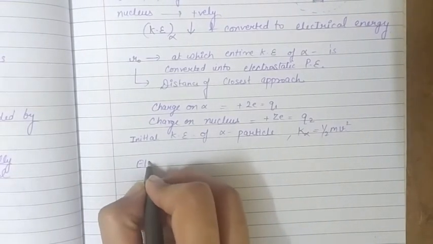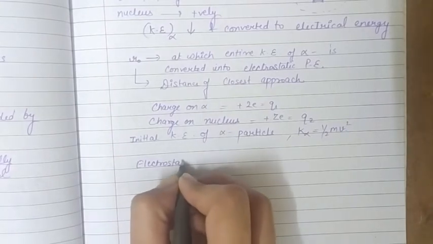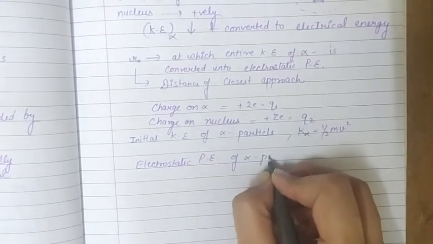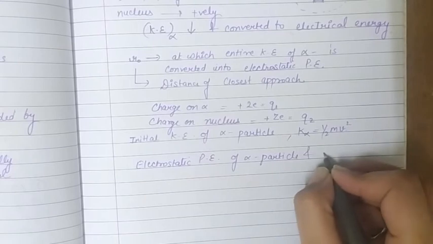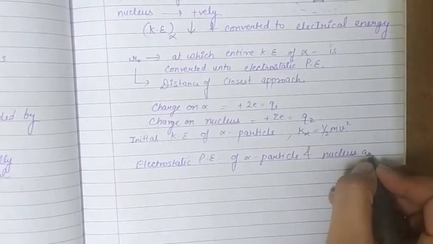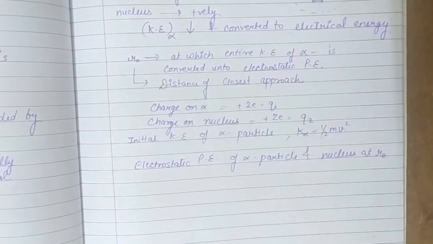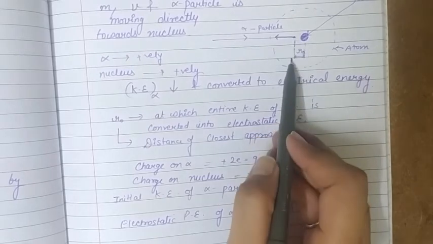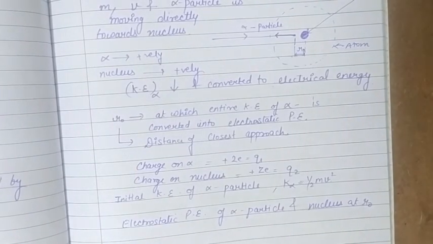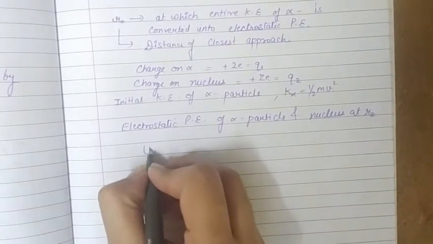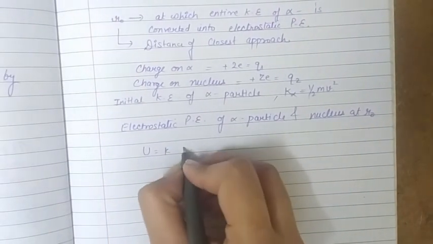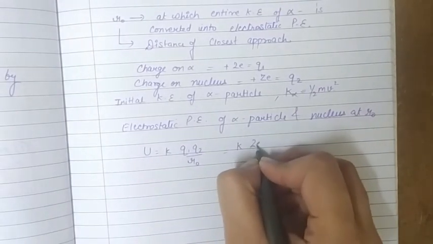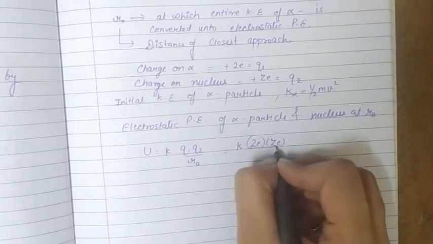And the electrostatic potential energy of the alpha particle and nucleus at r naught, the point where the whole kinetic energy is converted into electrostatic potential energy, will be U equals k q1 q2 upon r naught. That means k 2e Ze upon r naught.